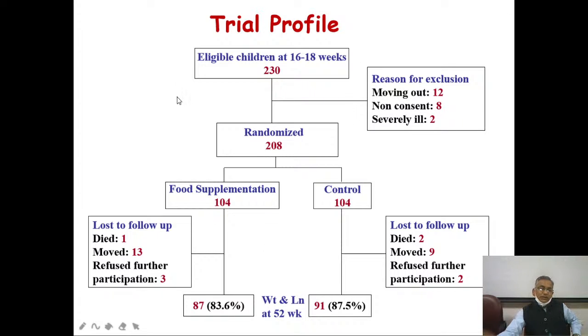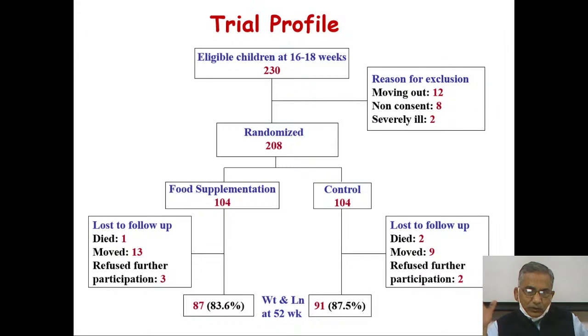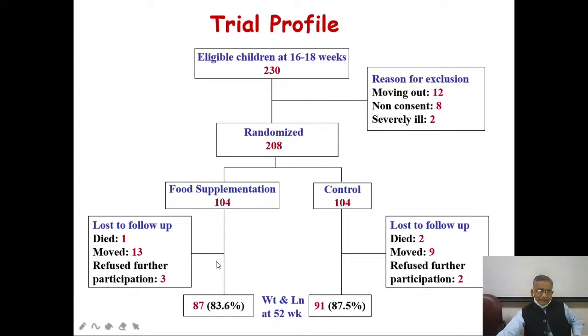The study flow chart has to be provided so that the reader knows how your study progressed. Also, you are supposed to mention what parameters you measured at what time point. So this is the 0 time point, then maybe 3 months, maybe 6 months, maybe 12 months.